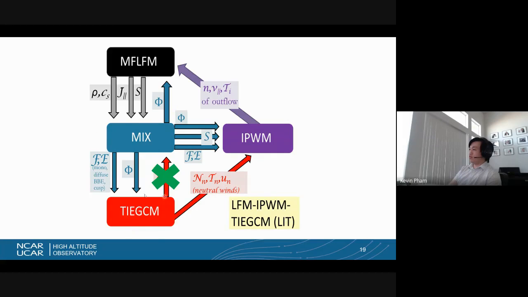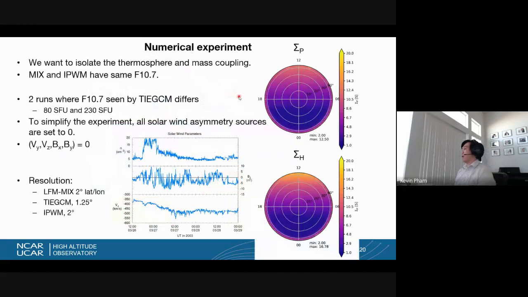Therefore, the only way for the thermosphere to influence the magnetosphere is through this new pathway. It passes all the neutral density, temperature, and winds to IPWM, and IPWM makes use of that to provide outflow into LFM. So we'll see how that interacts and how important that is.